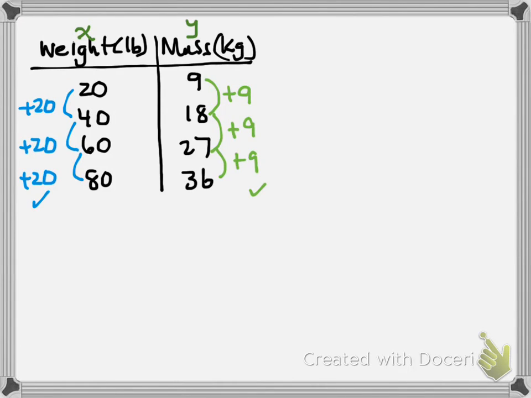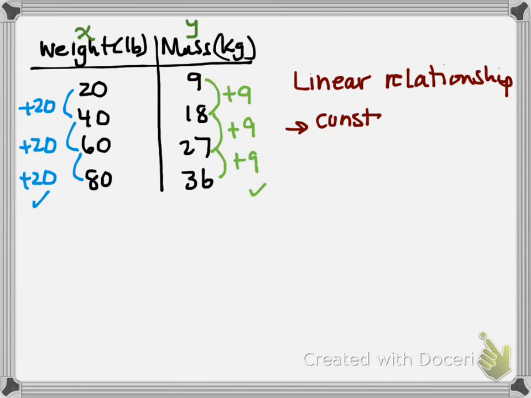Okay, so let's try this again. Because these are constant, this means we have a linear relationship. This is linear. And because it's a linear relationship, we can figure out the constant rate of change.